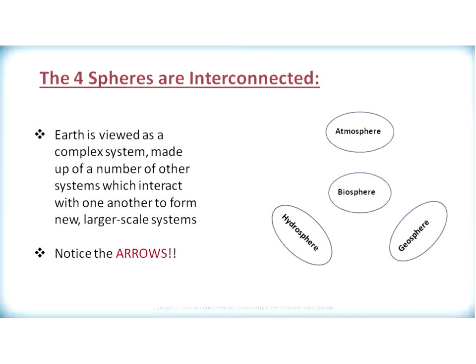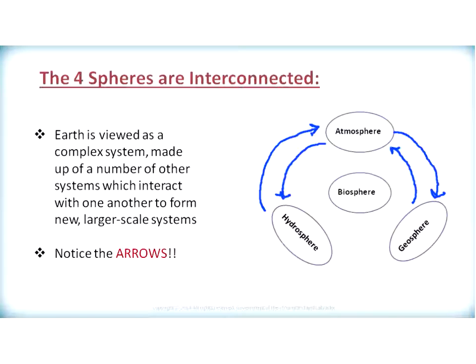The hydrosphere is connected to the atmosphere. The atmosphere, in turn, is connected to the hydrosphere. The atmosphere is also connected to the geosphere. Geosphere is connected to the atmosphere.